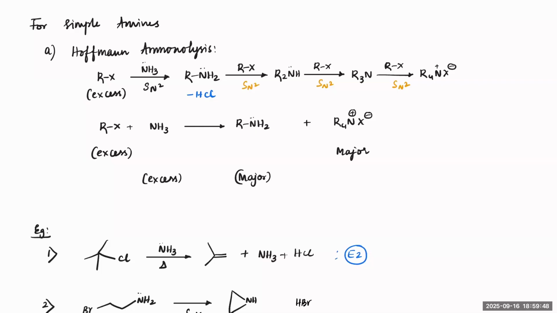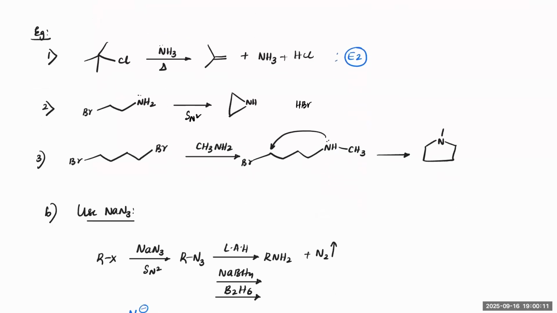That depends upon which content you are taking in excess. If you are taking alkyl halide in excess, then you will get quaternary ammonium salt as the major product. While if you take ammonia in excess, then you will get primary amine as the major product. Clear, beta? Okay.